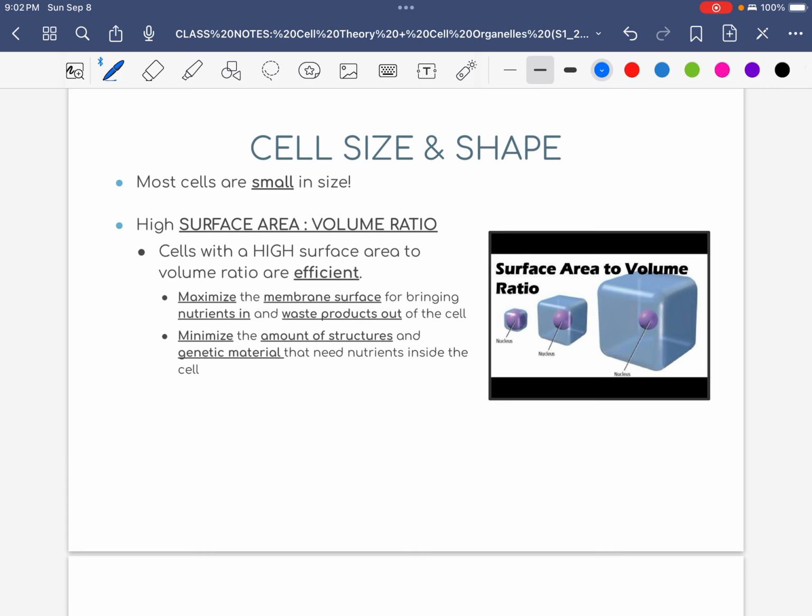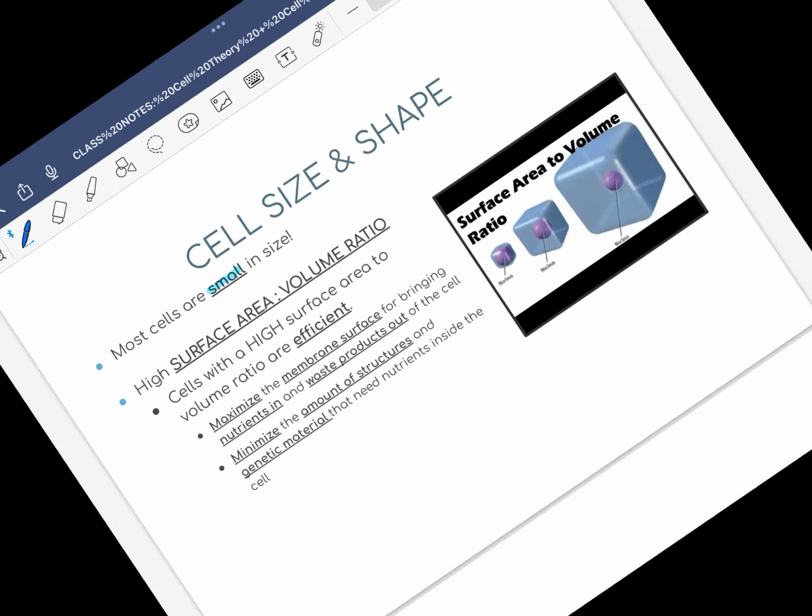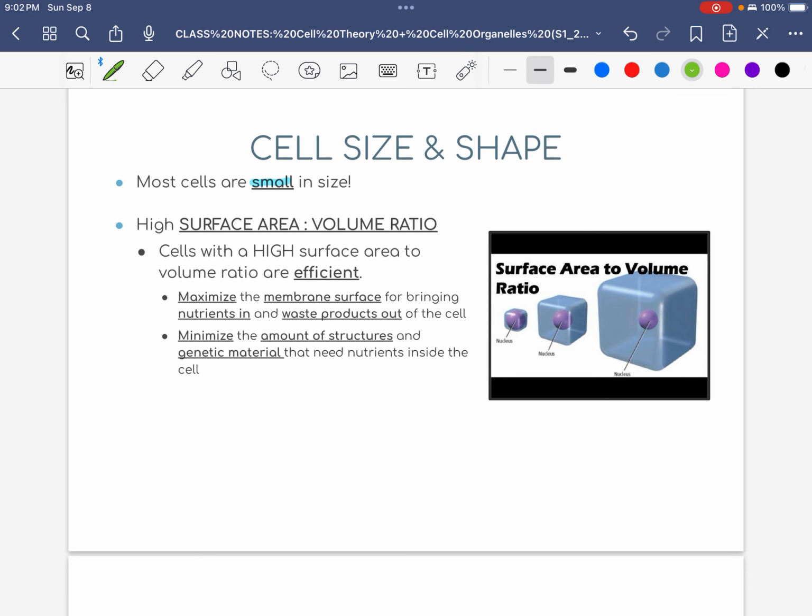Now, you probably already know this, but most cells are really small in size. You can't see a lot of cells with your eye. You need a microscope to see these things.